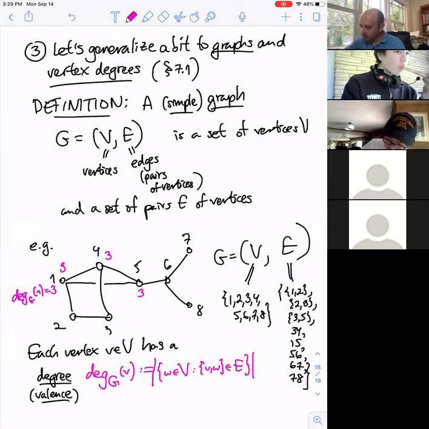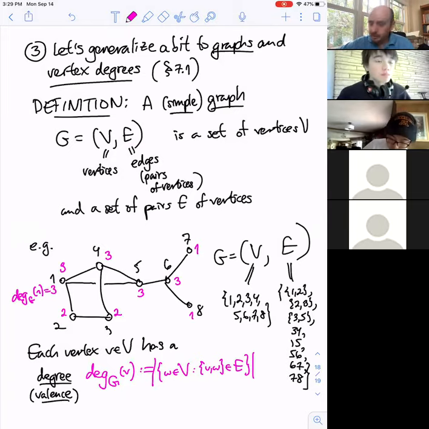Let's see, somebody doesn't have degree 3. Vertex 3 has degree 2. Vertex 2 has degree 2. Vertex 6 has degree 3. Vertex 7 has degree 1. And vertex 8 has degree 1. So I've labeled the degrees of every vertex, these pink numbers. Everybody good? Questions? All right.